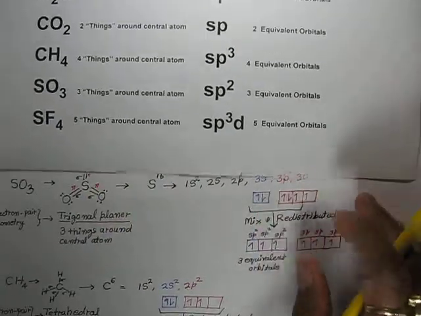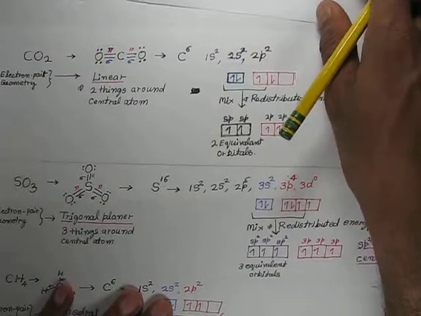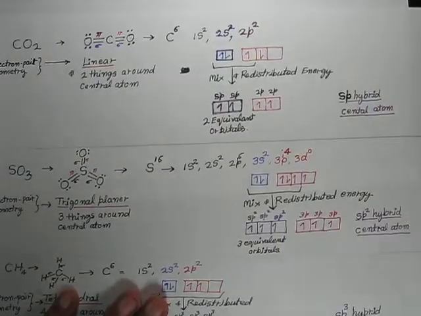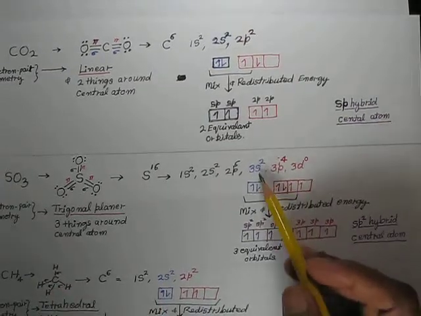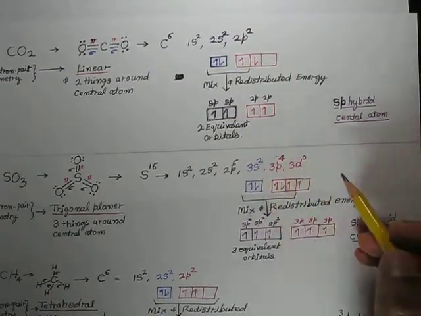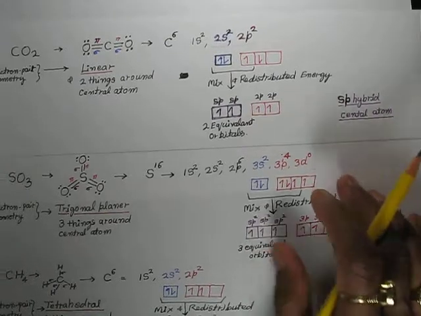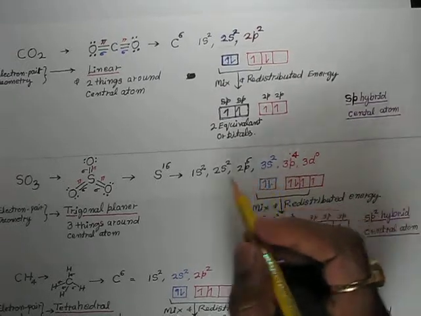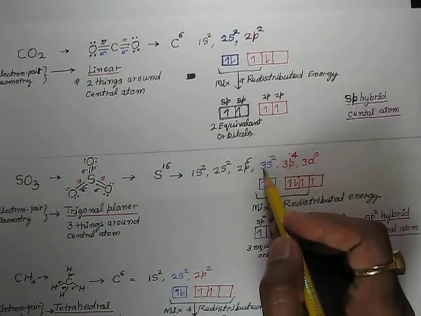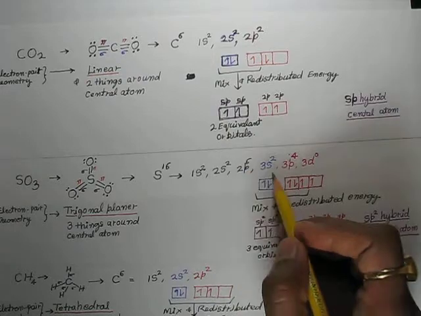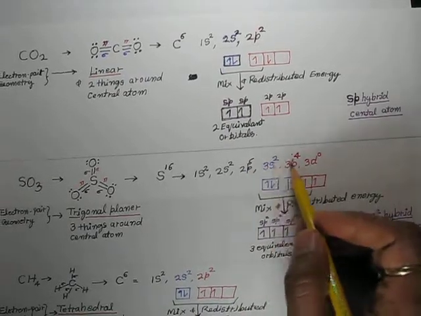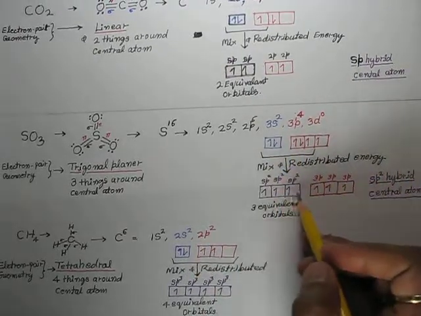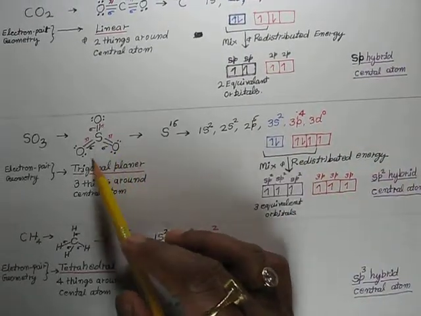So for making hybrid orbitals, sulfur uses its valence electrons. Once we write the configuration, it is 1s2, 2s2, 2p6 and 3s2 and 3p4. So these are the 6 valence electrons, and it needs to make 3 sigma bonds with the oxygen.